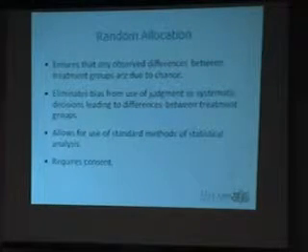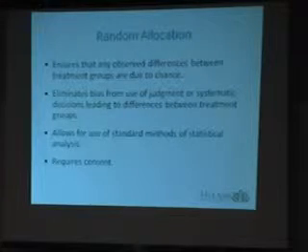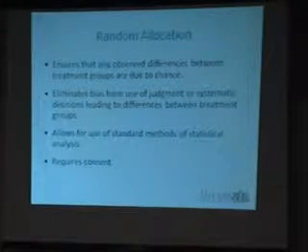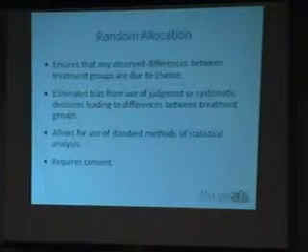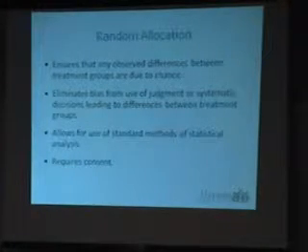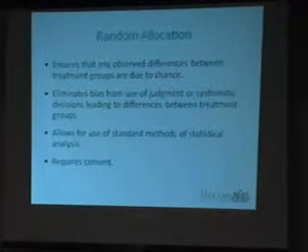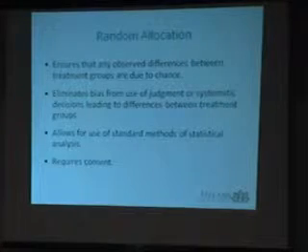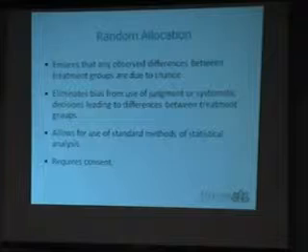Random allocation is where we use a process that employs chance to assign people to study groups. This ensures that any observed differences between treatment groups are due to chance. It doesn't ensure that all the treatment groups are going to be equal, because they might be different. But it does ensure that the differences that you see are due to chance.